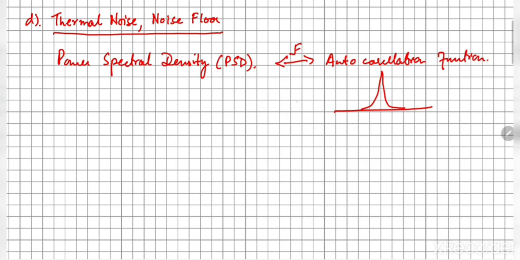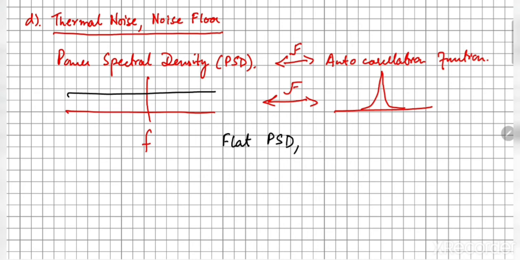This corresponds to a Fourier transform pair where the power spectral density is flat across frequency and looks like this. So this thermal noise has a flat power spectral density, which is equivalent to saying that it has an impulsive autocorrelation function.